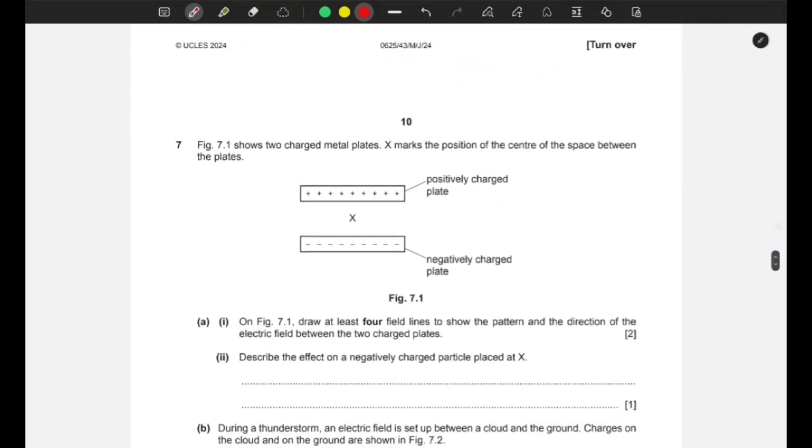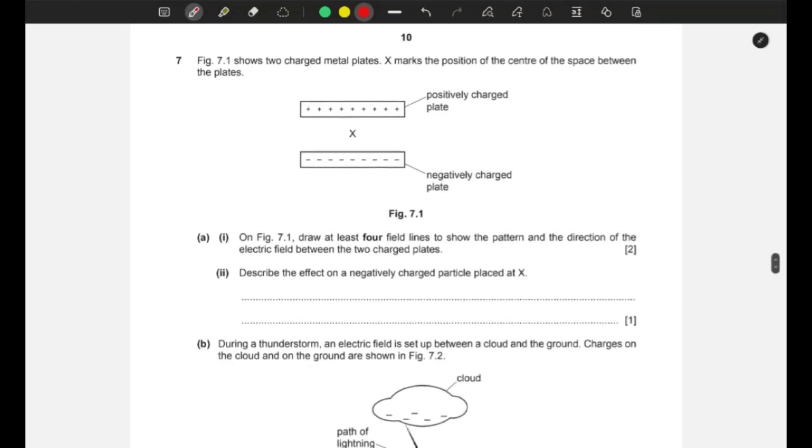Question number 7. Figure 7.1 shows two charged metal plates. X marks the position of the center of the space between the plates. On figure 7.1, draw at least 4 field lines to show the pattern and direction of the electric field between the two charged plates. So for field lines, we just have to draw straight lines.